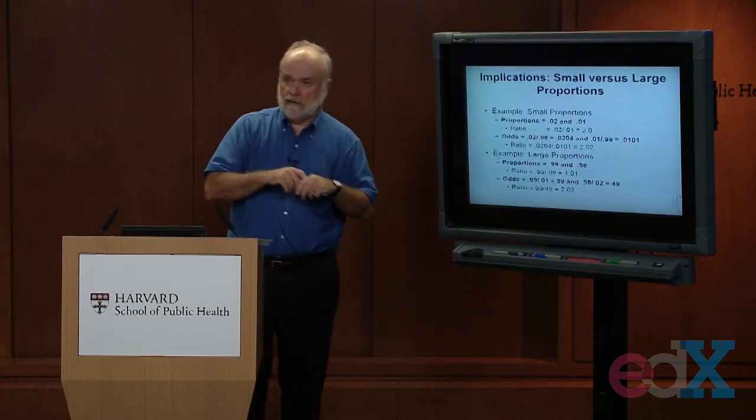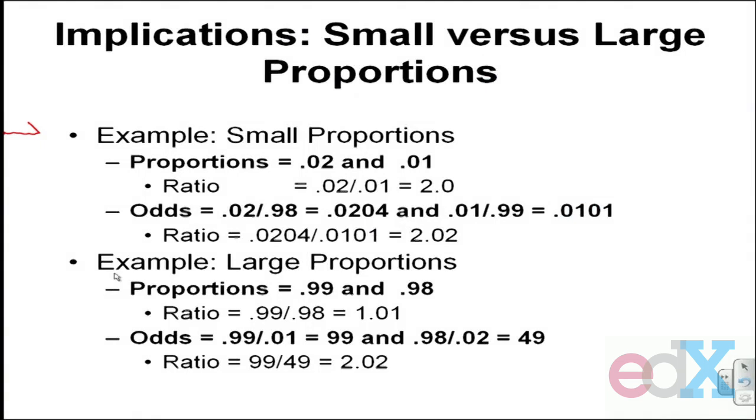Suppose I was doing a study measuring a binary outcome in 2 different populations, and I wanted to see if the outcome was more common in one population than the other. Let me give you 2 examples. In the first example, let's suppose the outcome I'm measuring is rare. It doesn't happen very often. It happens 2% of the time in one population and 1% of the time in the other population.